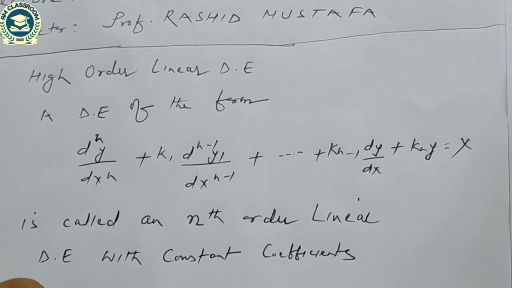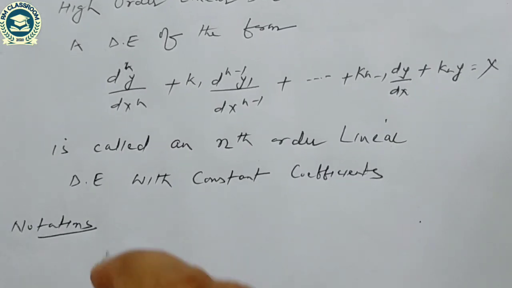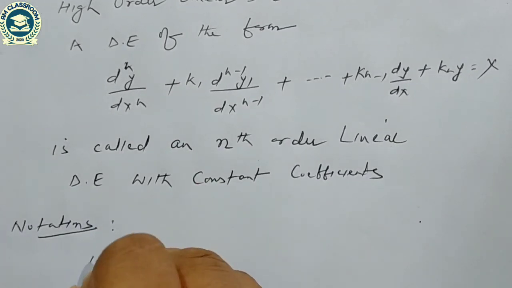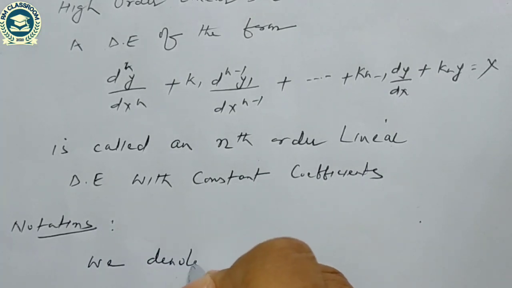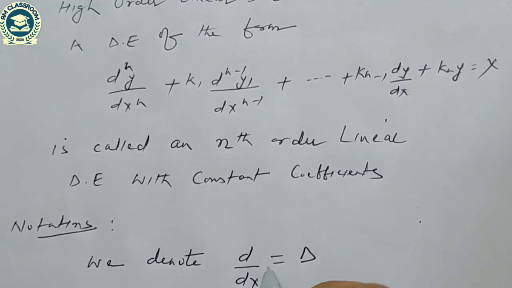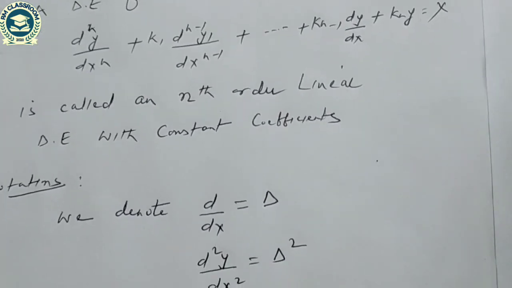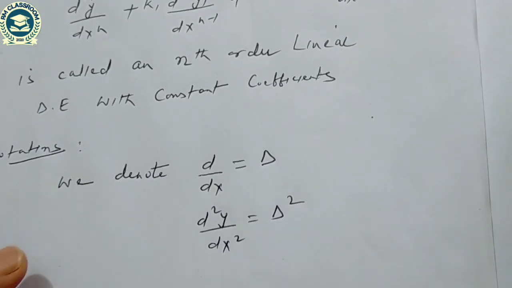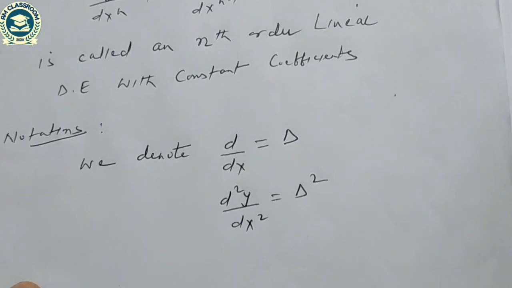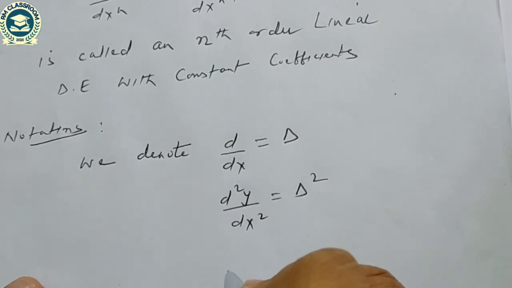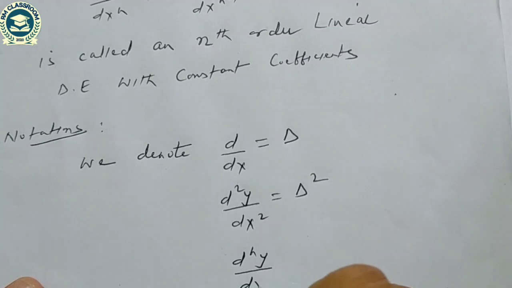Here we denote d by dx as capital D, d2y by dx square as D square, and d^n y by dx^n as D^n.